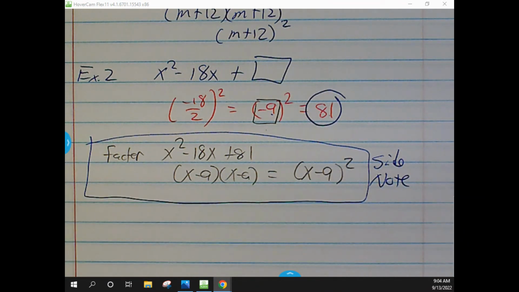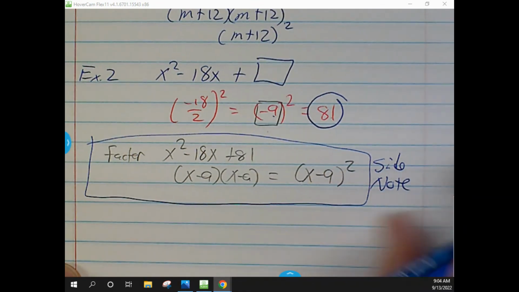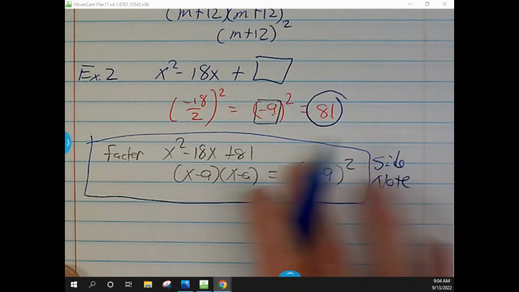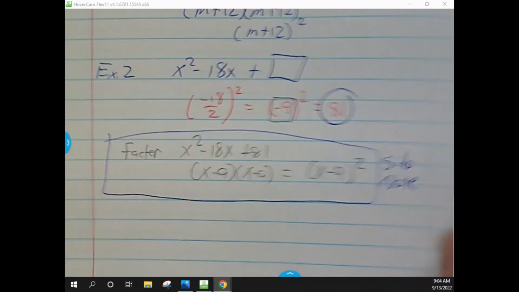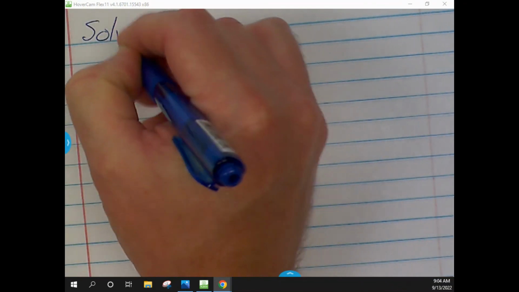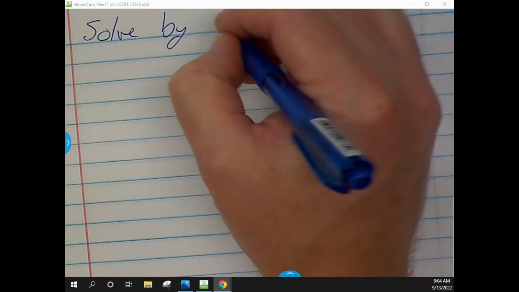Okay. All right, now here's what they're doing with this one. Here's where they're going to get you. What they're going to ask you to do next is kind of a combo of the two things. They may ask you to solve by square root property.